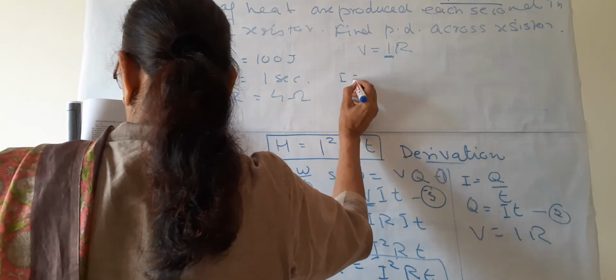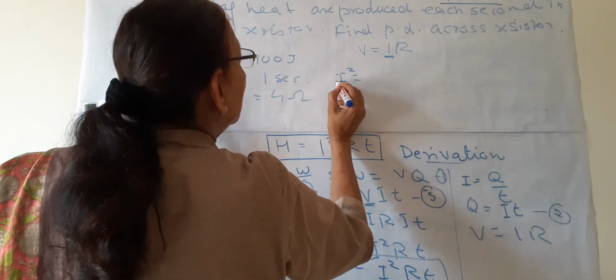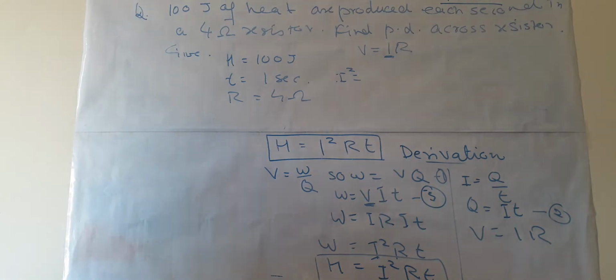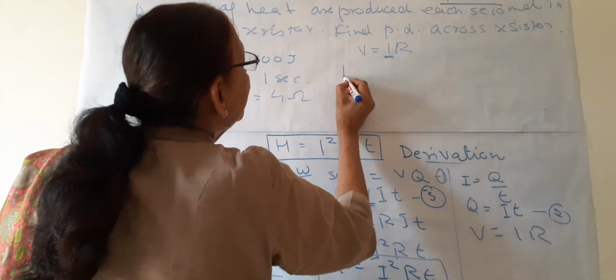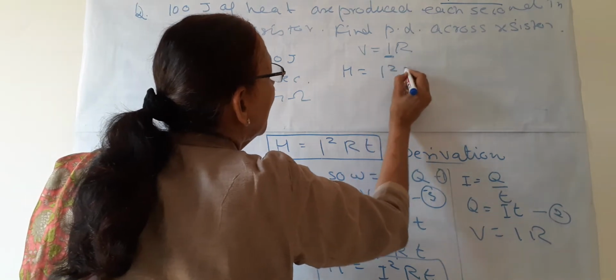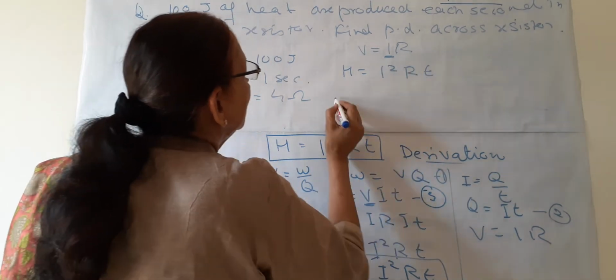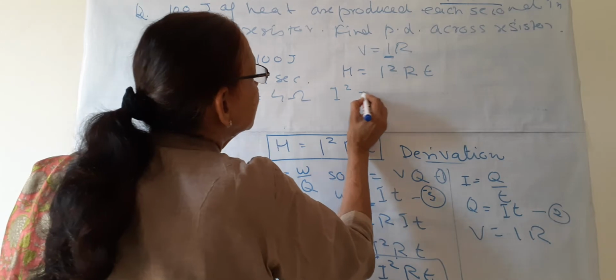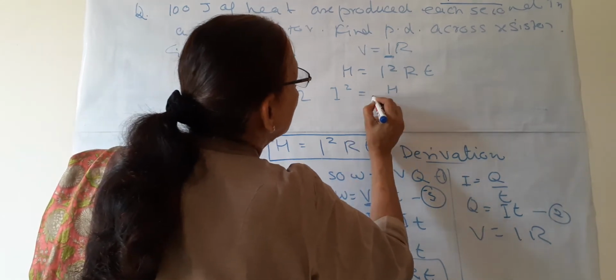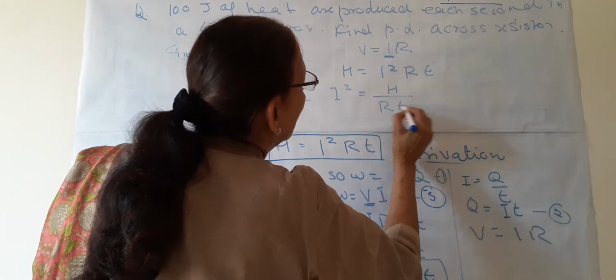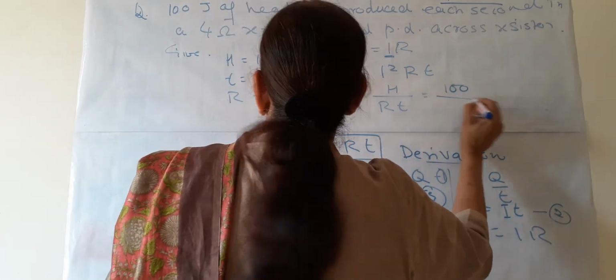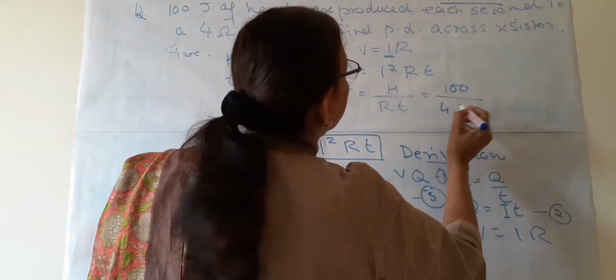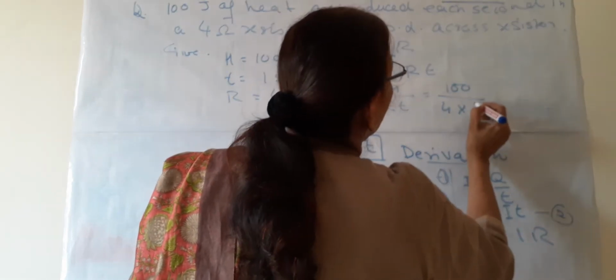First we write the equation, Joule's law of heating, H is equal to I square RT. From this equation we can say I square will be equal to H upon RT, where H is 100, R is 4 and T is 1.